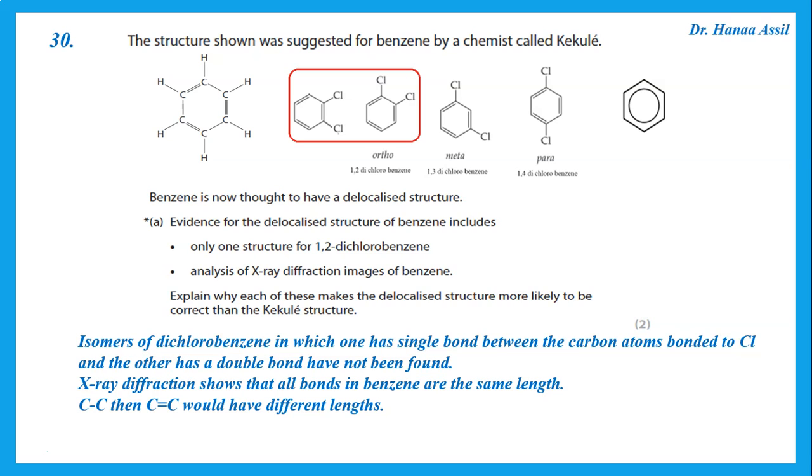So we said this means that the bonds are equivalent in the benzene ring. Then the X-ray diffraction, you should remember that we said the X-ray diffraction shows that all the bonds in benzene are the same length. If it were alternating single and double, then the single and the double would have different bond lengths.